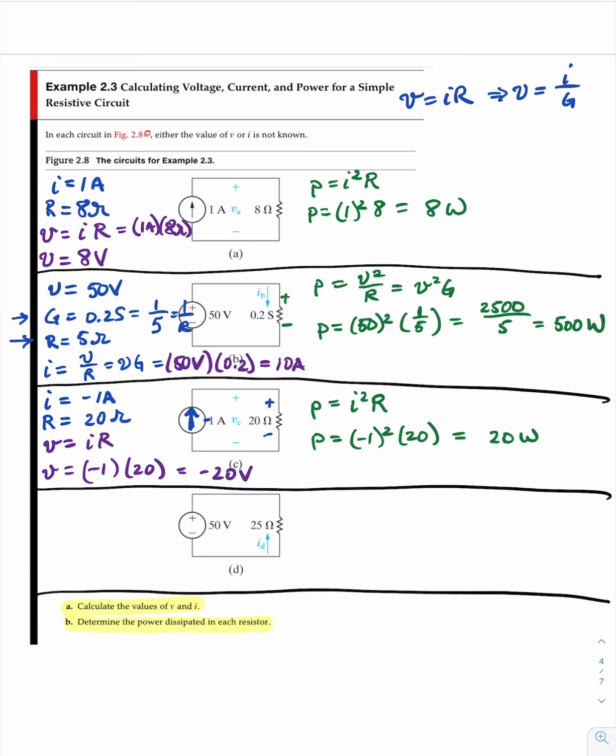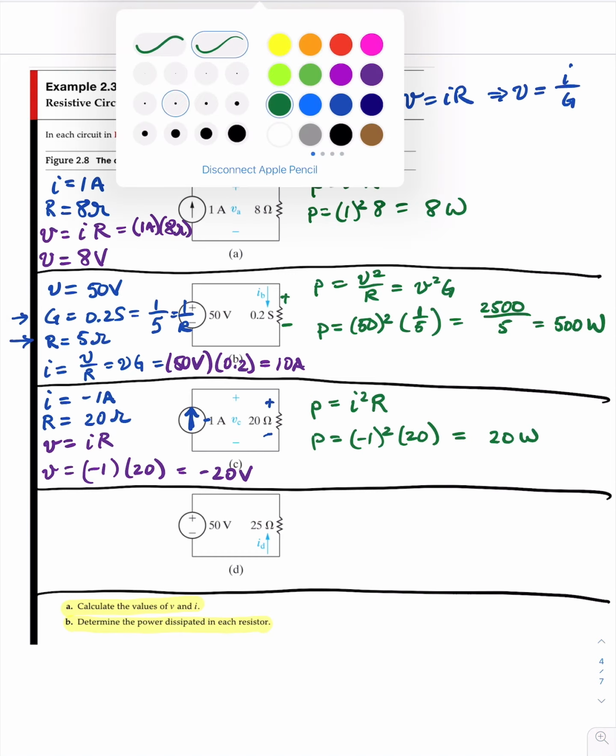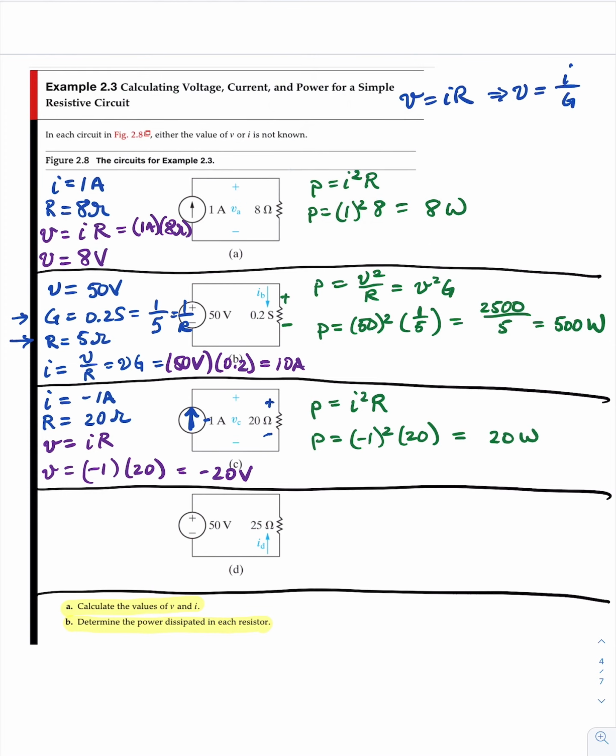All right. Our final problem here, we are given voltage. So this is our polarity here. And you'll notice that our defined current direction will be negative because it's entering the negative terminal. So voltage is equal to 50 volts. Resistance is equal to 25 ohms.